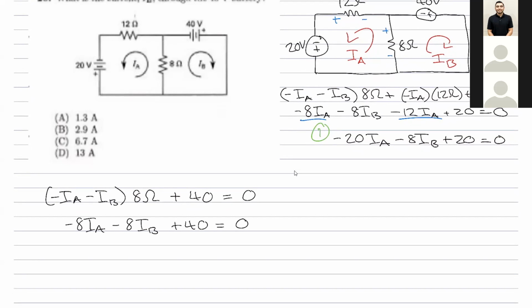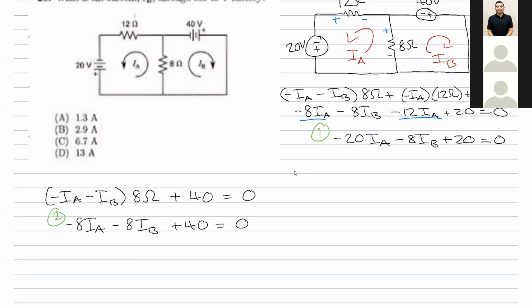Okay, cool. Now, we could do this one of 2 ways. We can substitute or what's the other way? Elimination. How do you guys want to do this? Elimination. Okay, cool. I want to do that too.